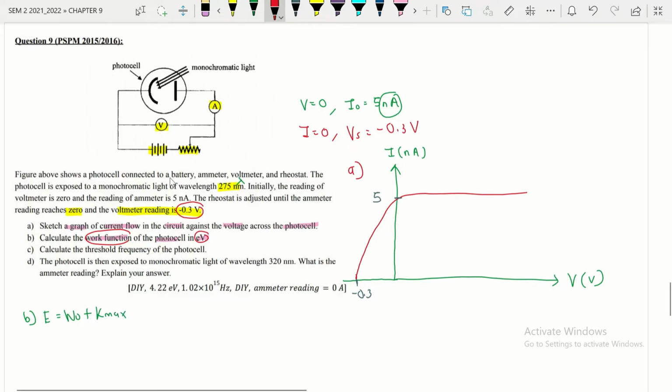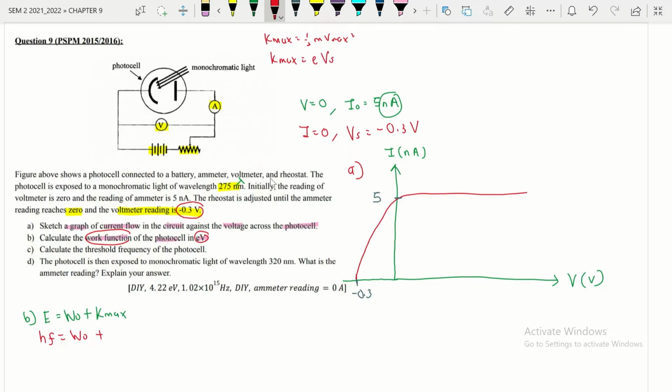The energy formula is hf equals the work function plus the maximum kinetic energy. For maximum kinetic energy we know there are two forms: one is half mv max squared, the other is maximum kinetic energy equals electron charge times stopping potential.